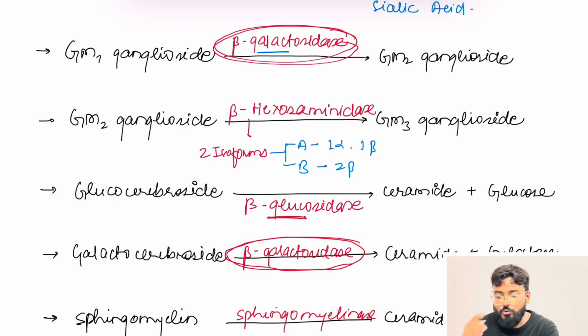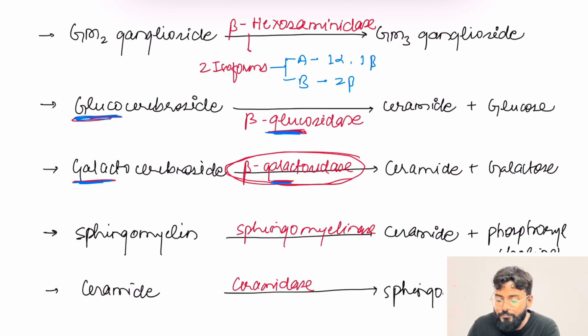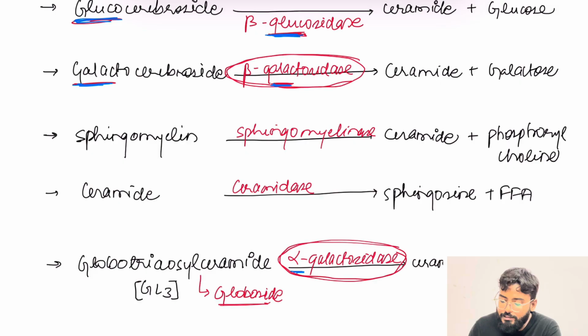Here, beta galactosidase is going to break down GM1 ganglioside along with galactocerebroside. So from galacto you can remember this galacto, and from gluco you can remember this gluco. So beta glucosidase is going to break down glucocerebroside, beta galactosidase is going to break down galactocerebrosides, and beta galactosidase is also going to break down GM1 ganglioside, and your alpha galactosidase is going to break down this compound, which is your globoside.